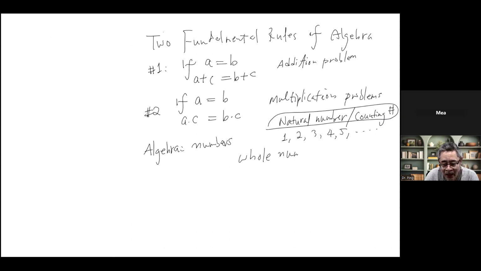And that just basically adds 0 to the counting numbers. So 0, 1, 2, 3, 4. And then we've got integers.